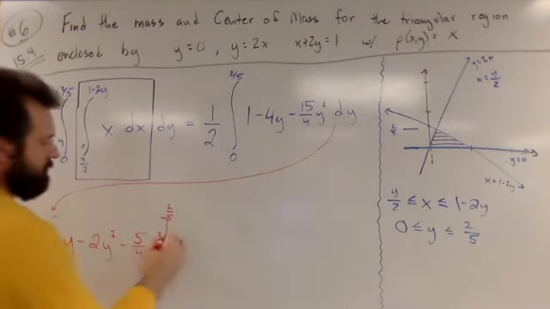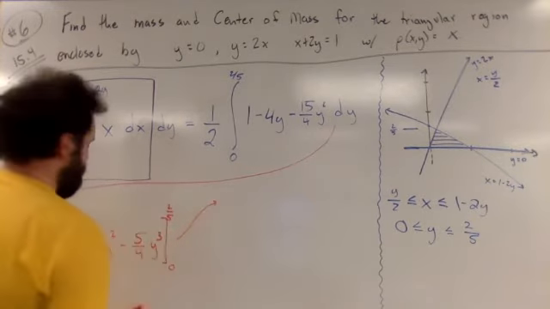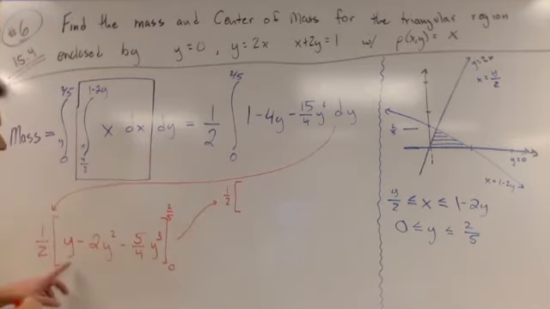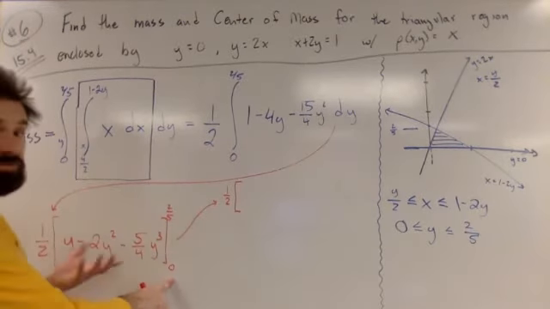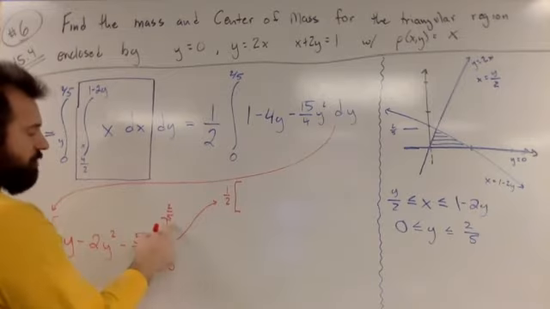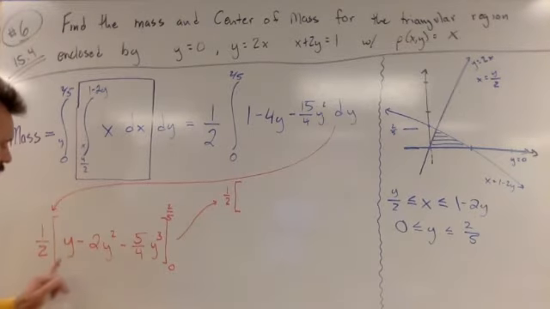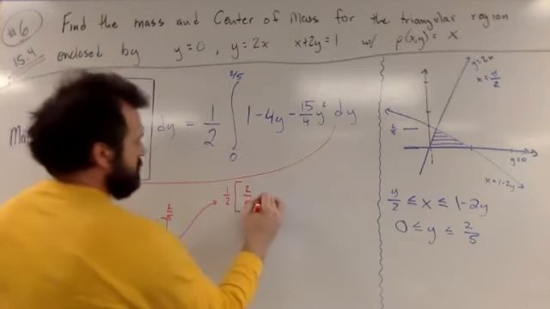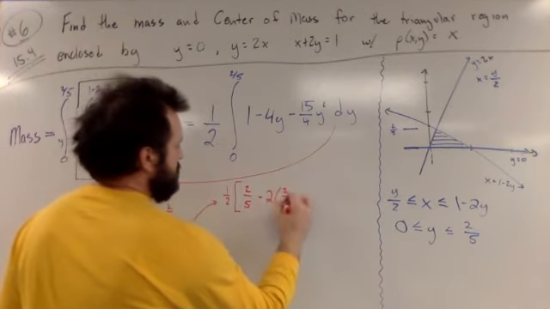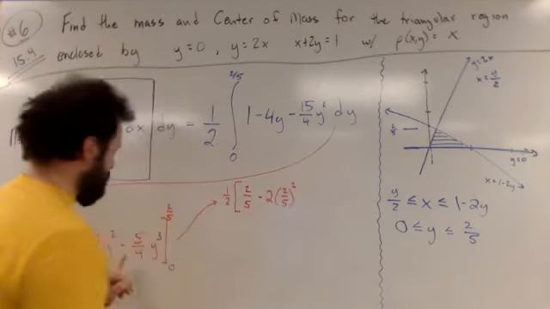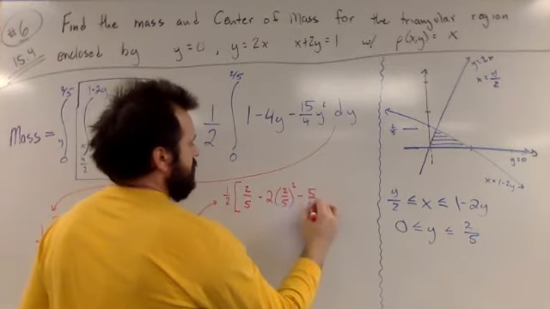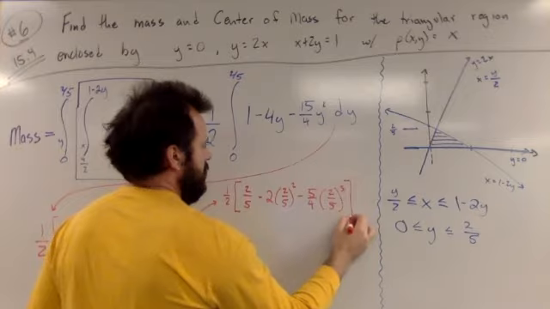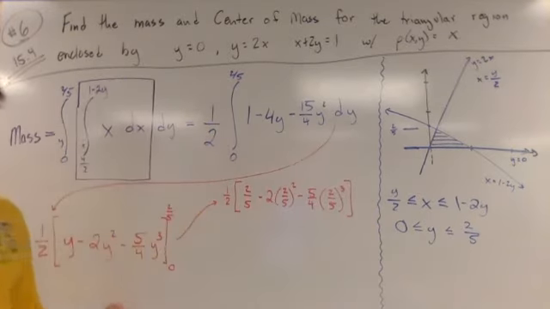So I'm going to get 1/2 times. Notice when I plug in the 0, I'm just going to get 0 as my answer, so I'm only going to worry about the 2/5 that I'm plugging in here. That's going to be 2/5 minus 2 times 2/5 squared minus 4/5 times 2/5 to the 3rd.